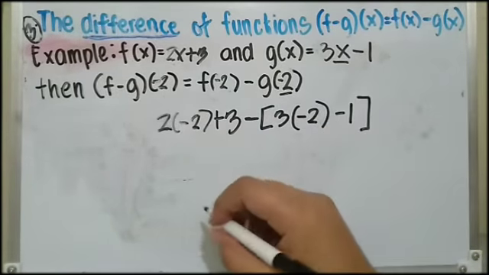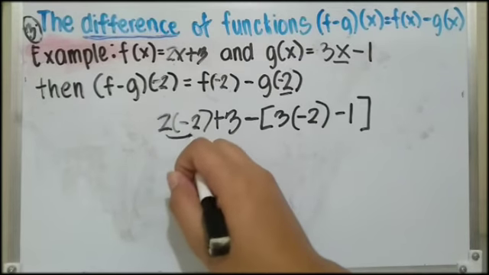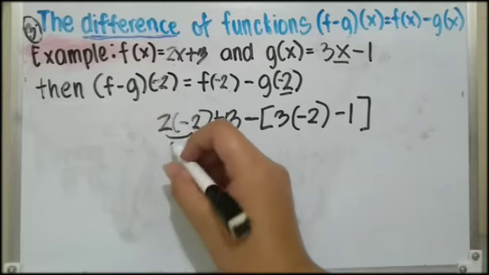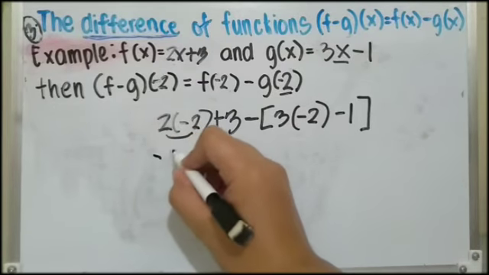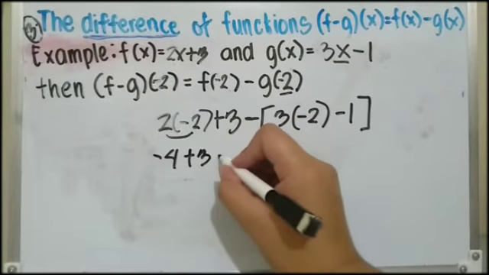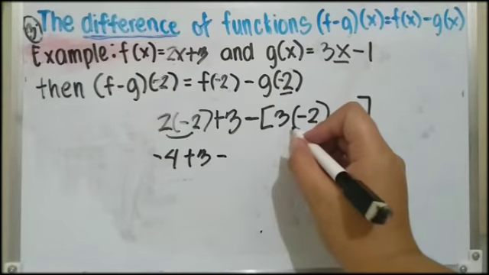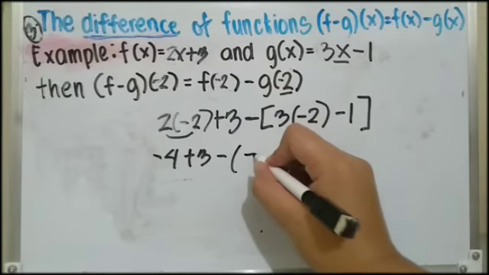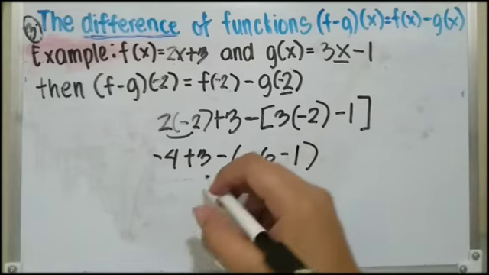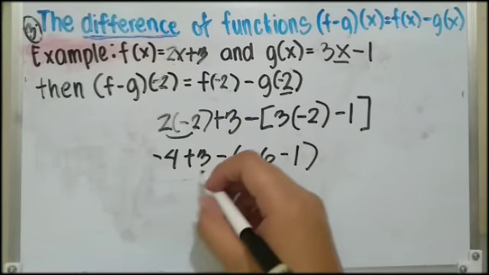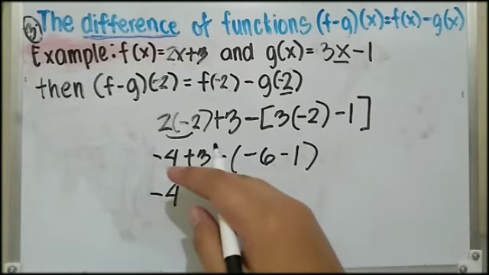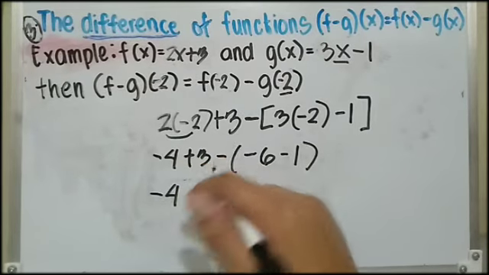And then all you need to do is to multiply to simplify the numbers with parentheses. So 2 times negative 2 is negative 4, plus 3 minus 3 times negative 2 is negative 6, minus 1. Before we proceed, we need to simplify the numbers with the parentheses.